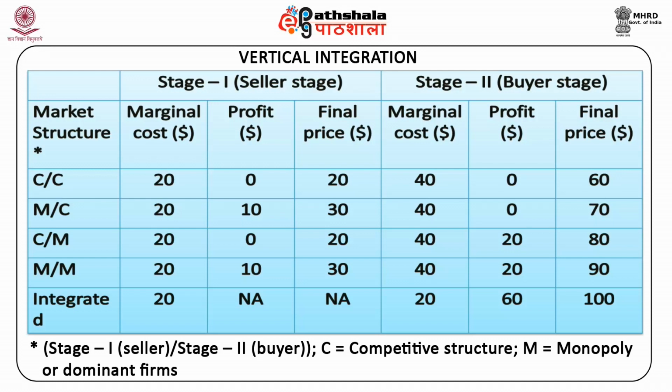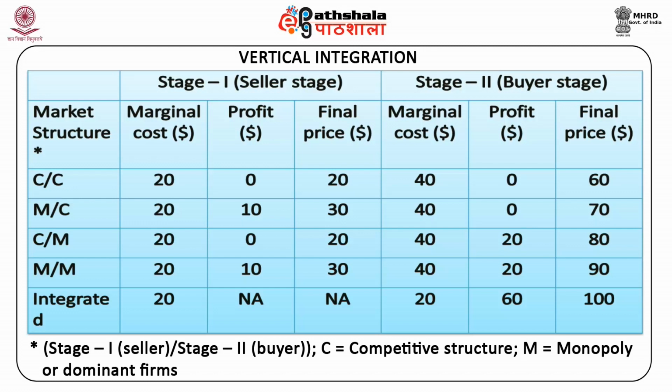The final prices for the stage 2 output are as follows. For market structure 1, where both stages are competitive, the final price is 60, the sum of marginal costs in both the stages. For market structure 2, where the seller is monopolist and the buyers are competitive, the final price will be 70, which is the price of input plus the marginal cost of stage 2 production.